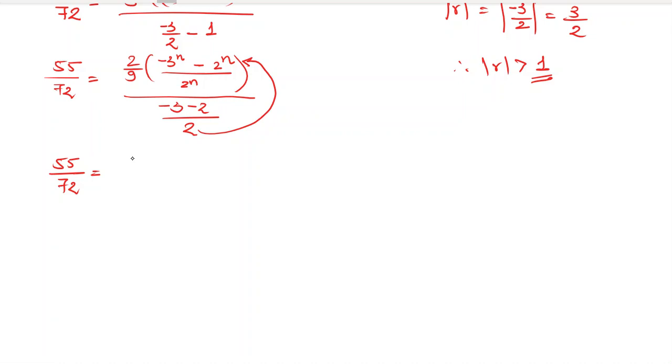Let's write all of them together. So 2 multiplied by 2 bracket minus 3 raised to n minus 2 raised to n the whole upon 9 into 2 raised to n into minus 5. That's what we have got.